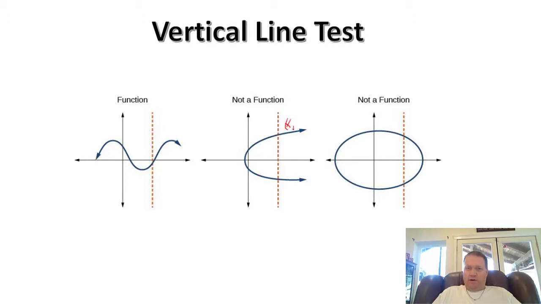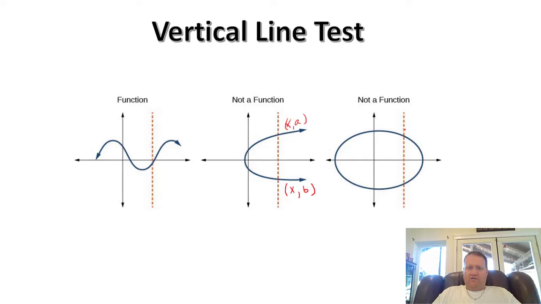That might be an ordered pair of x, comma, a. And this ordered pair down here would also be over x. And maybe it's down some other level, I don't know, down b. It's a negative number, it's below the x-axis. But look, the x actually goes to two different outputs. It goes to an a up here and a b down here. That's why it's not a function.